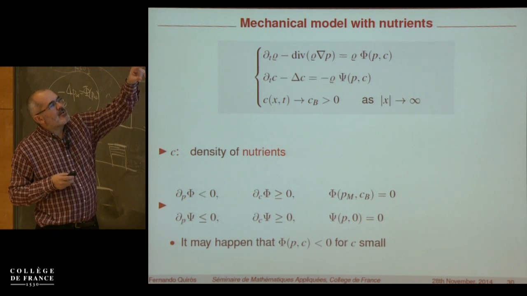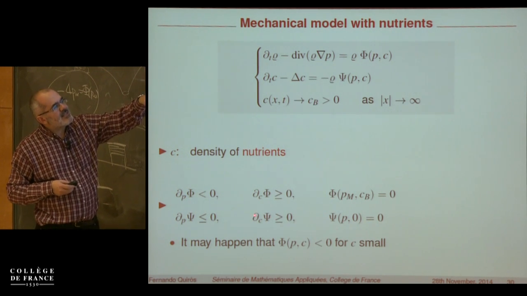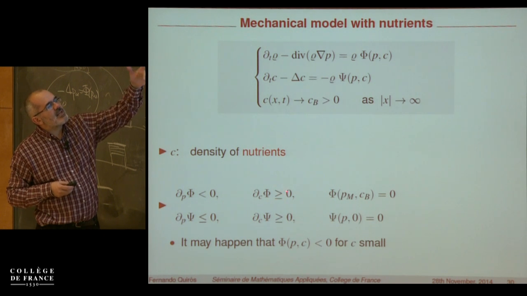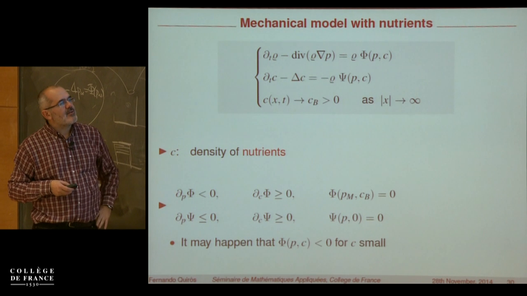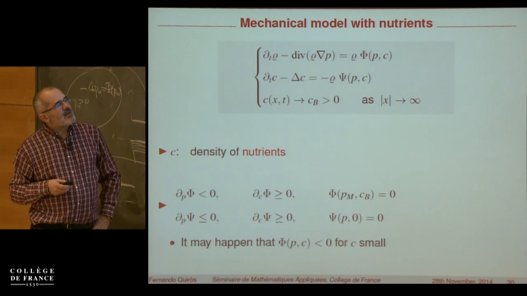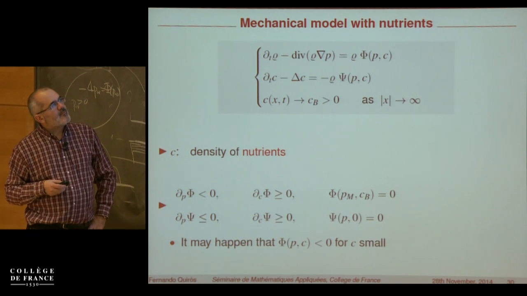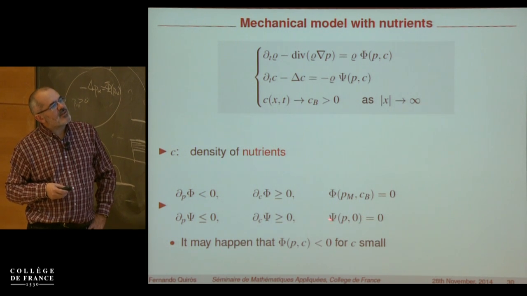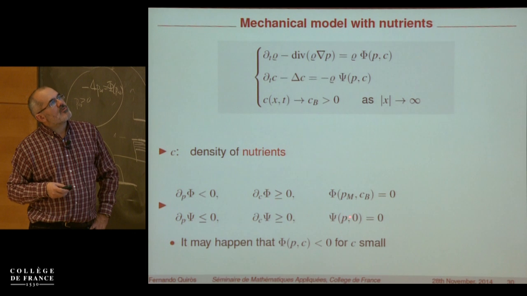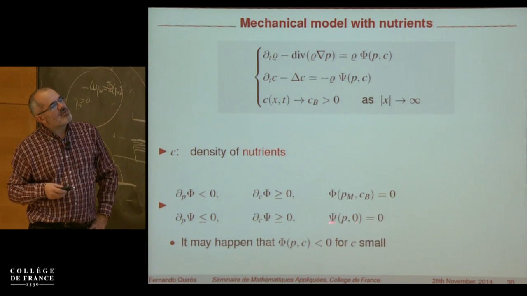And the bigger the nutrients, the bigger the multiplication, so you will have more consumption. So that's the right sign. And finally, if C is equal to 0, then there are no nutrients, there's no multiplication, then you should not gain anything.